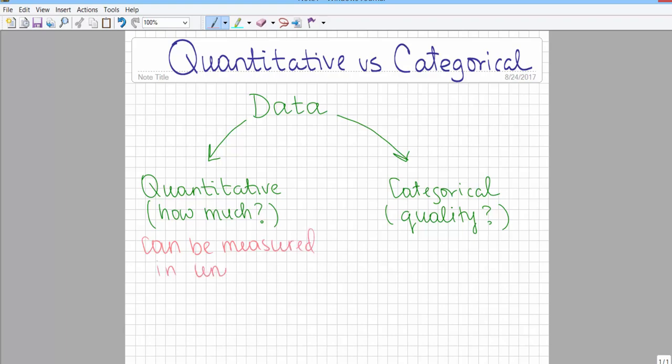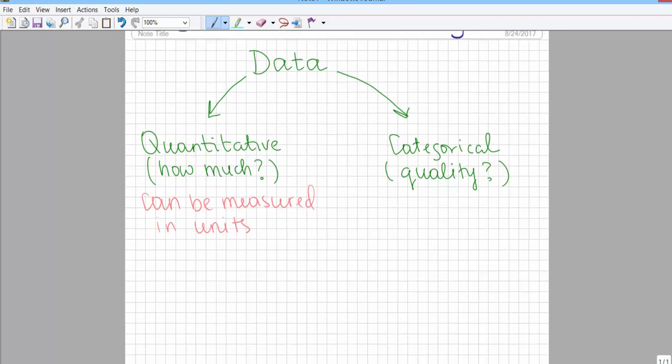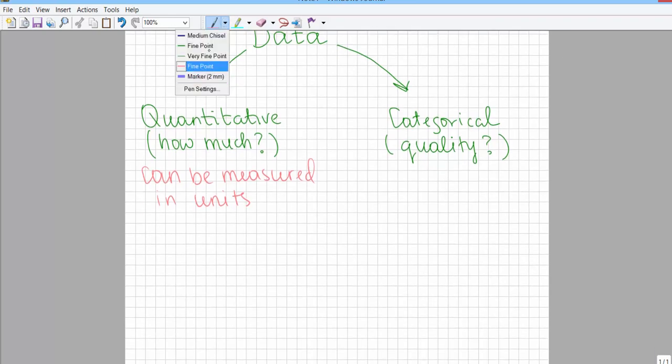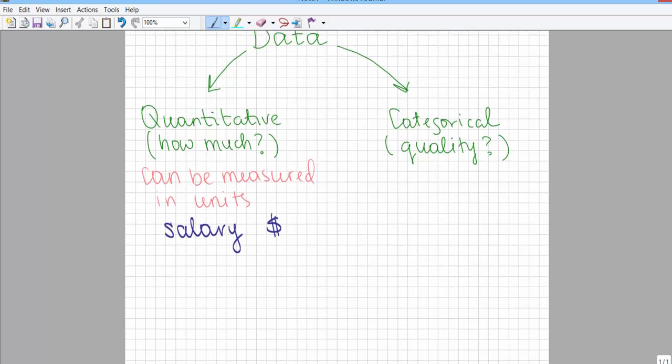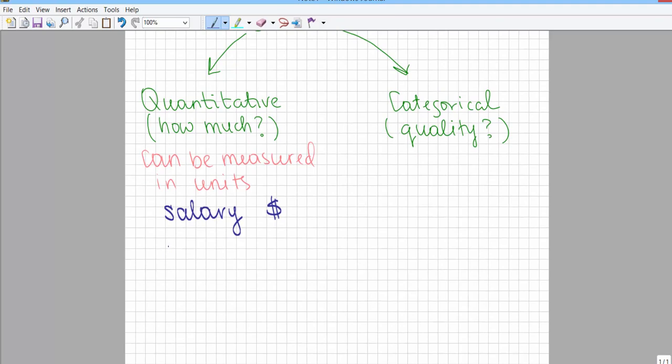Okay, and I'll give you some examples here. So what are some examples that we can use? Let's see. Salary. How much salary does someone make per year? What is it measured in? Dollars. Okay. What else? Let's talk about baby weight.